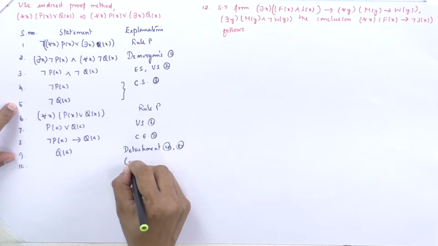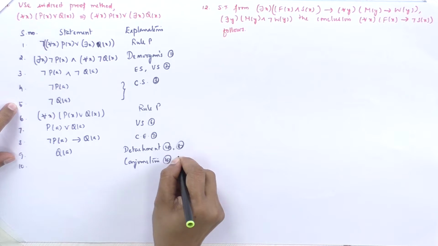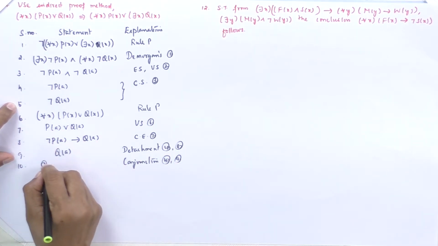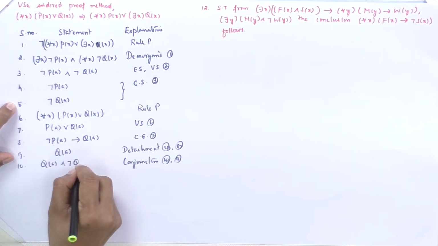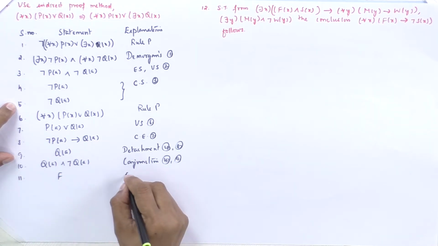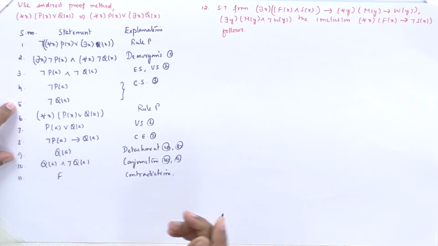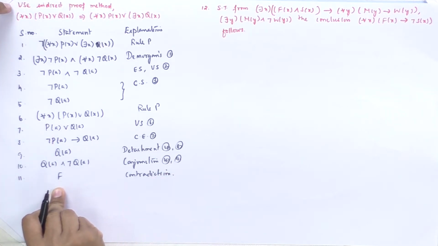Just take the conjunction of these 2 steps. The conjunction is Q of A and negate Q of A, and we get F, and that is nothing else but the contradiction. That is what we need. So, using this indirect proof method, we have got the final conclusion to be F, right.